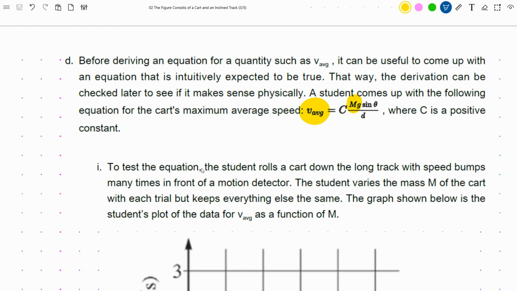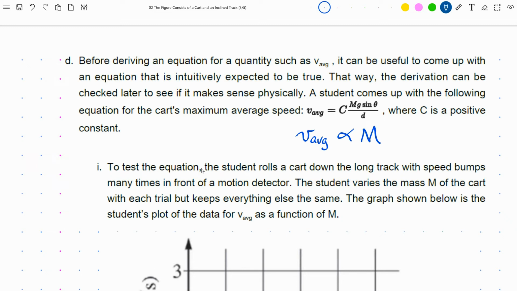Okay, so let's just be clear here that before I even look at the data that's below, according to this equation, which again I'm not confident in, it may or may not be correct, but if C is constant and g, theta, and d are all constant, if m is the one and only thing varying on the right side of this equation, then V average should be expected to be proportional to mass.